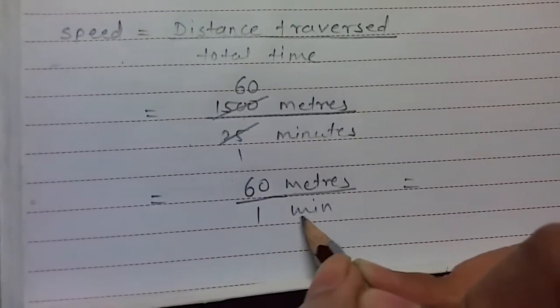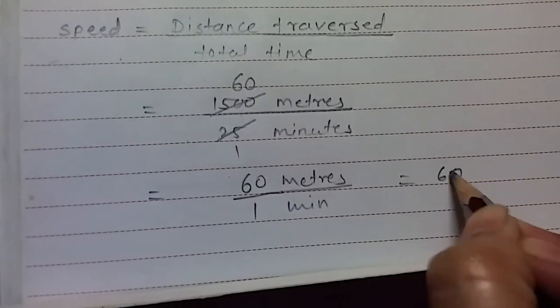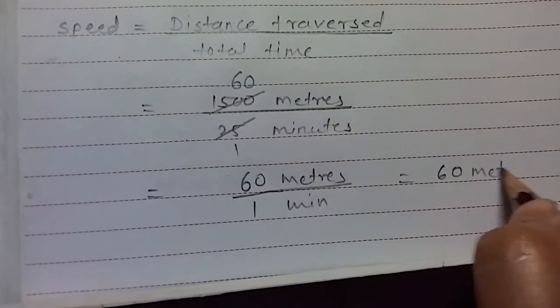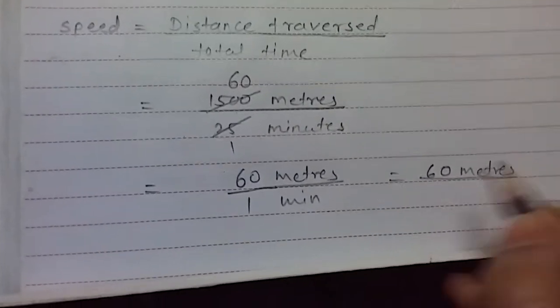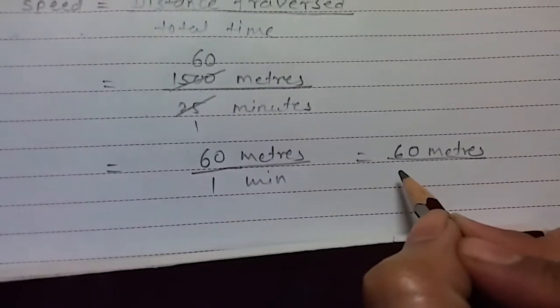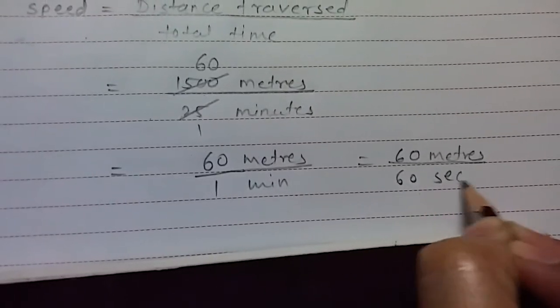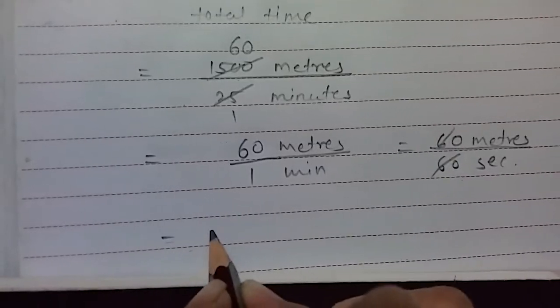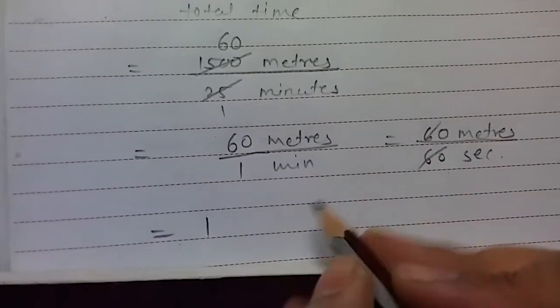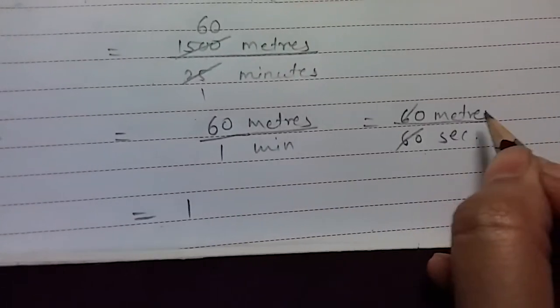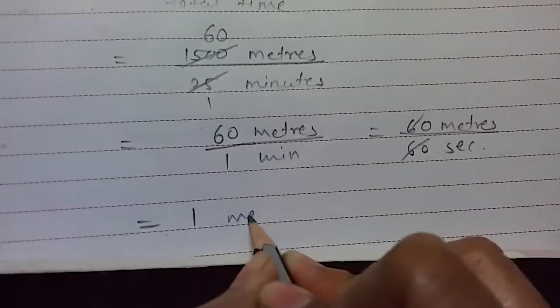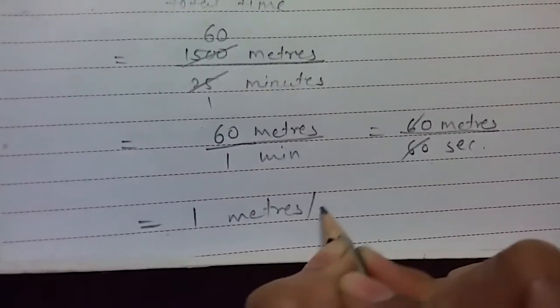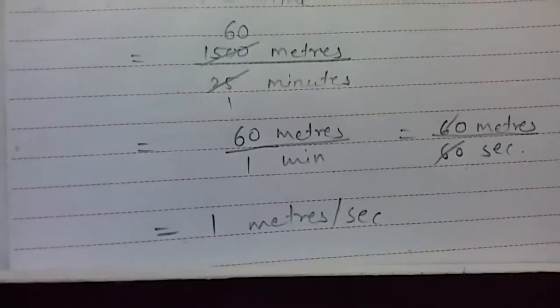You have to convert this minute into seconds, means 60 meters upon 1 minute, which is 60 seconds. 60 will get cancelled, means the answer is 1 and the unit is meters per second.